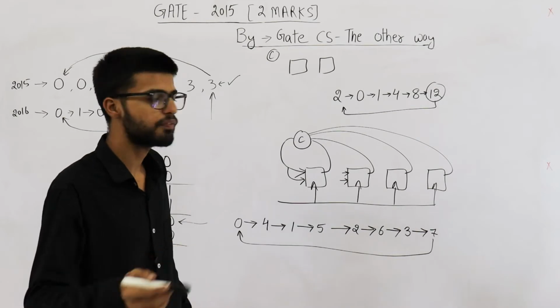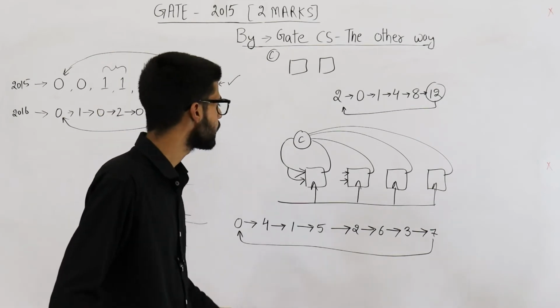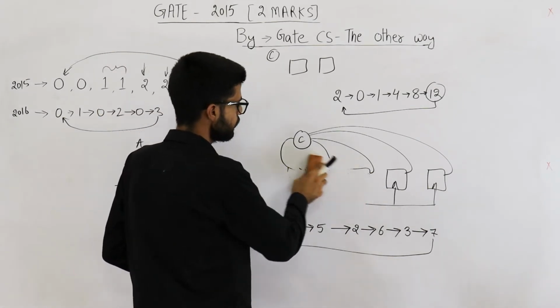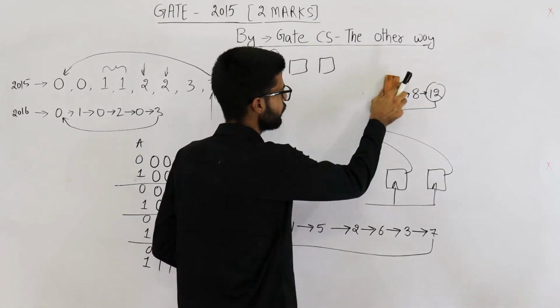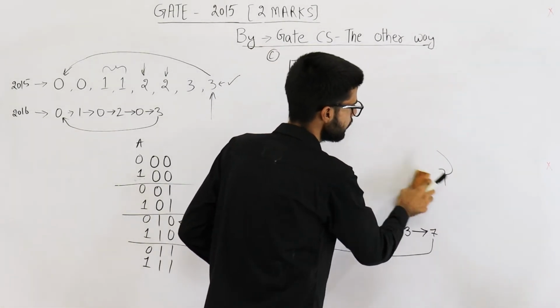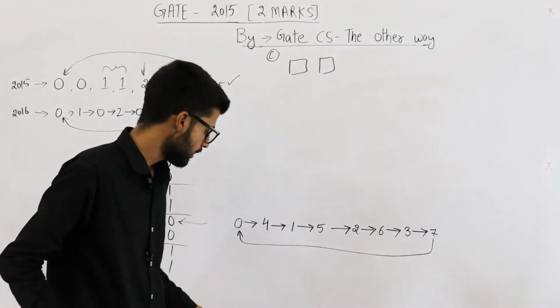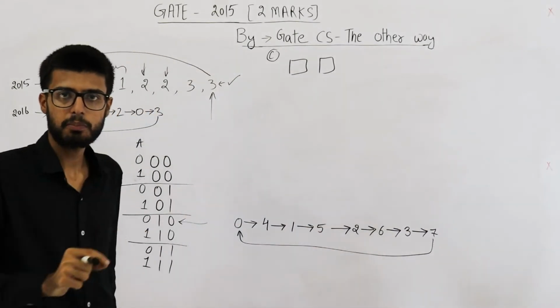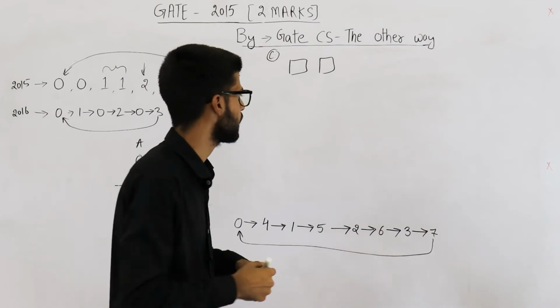Its biggest number in the sequence is 7. That means 3 flip-flops will be required. So, you just design a counter using 3 flip-flops. And what we are going to do is, we'll neglect the output of the first flip-flop. Even though the first flip-flop will be part of the circuit, we'll completely neglect it.